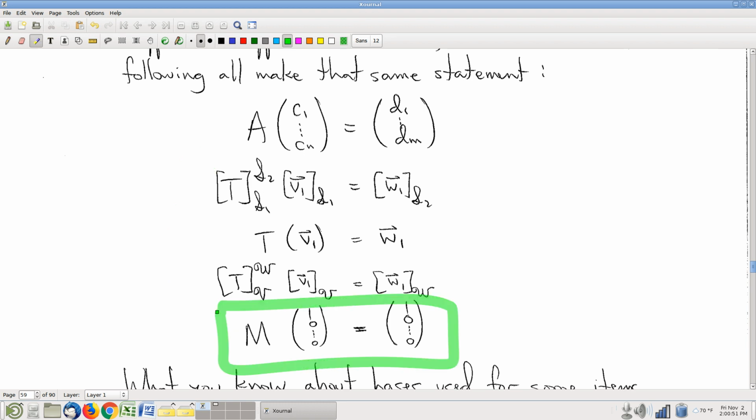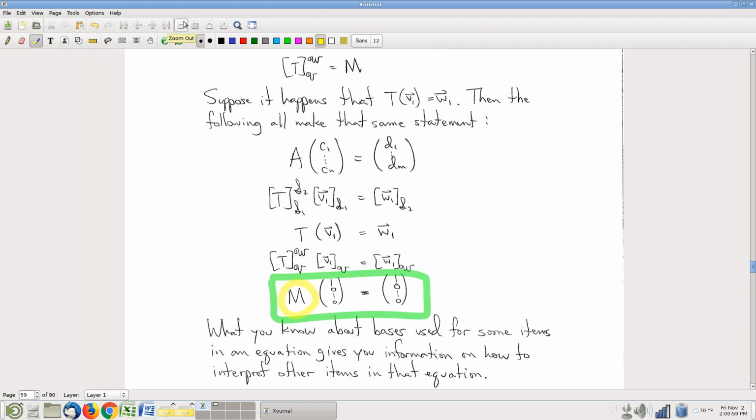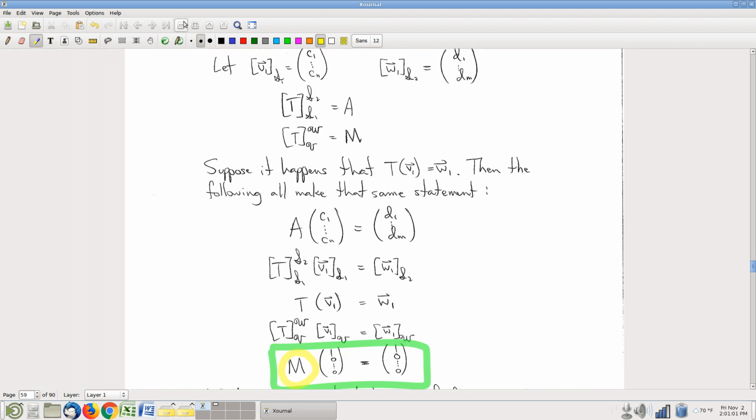The equation that you're starting with. Ask yourself, first of all, what do I know about any of these things? And I already know something about that matrix. We've already decided that M represents this linear transformation T in a certain language. It represents T in V language for the input vectors, W language for the output vectors.